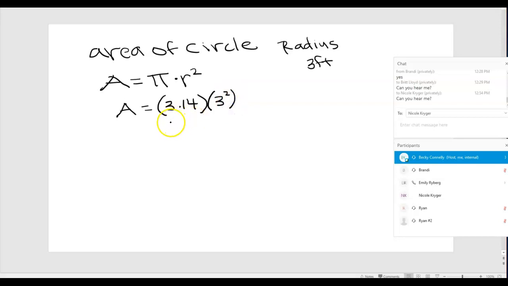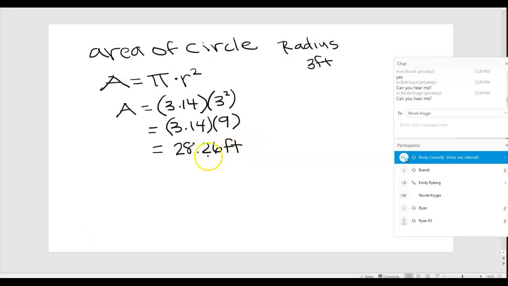Otherwise you're going to get a big, long, crazy answer. So 3.14 times 9. From there you can just do that on your calculator. You don't need to show the work on that. And then what does that give you? Just watch to see if it's asking you to round to a certain place value.